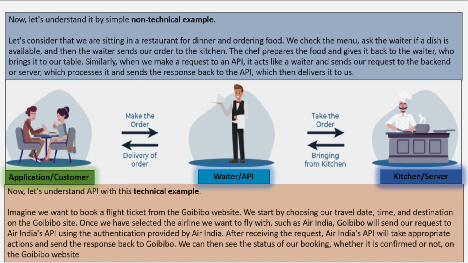Once we have selected the airline we want to fly with, such as Air India, GoIbibo will send our request to the Air India API using the authentication provided by Air India. After receiving the request, the Air India API will take the appropriate action and send the response back to GoIbibo. We can then see the status of our booking, whether it is confirmed or not, on the GoIbibo website.